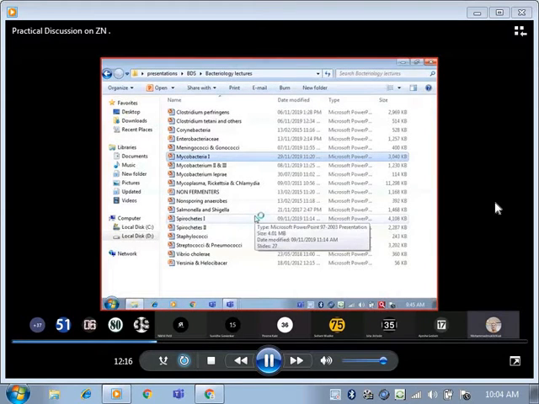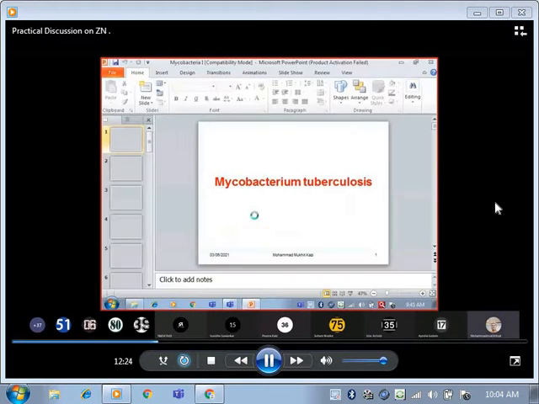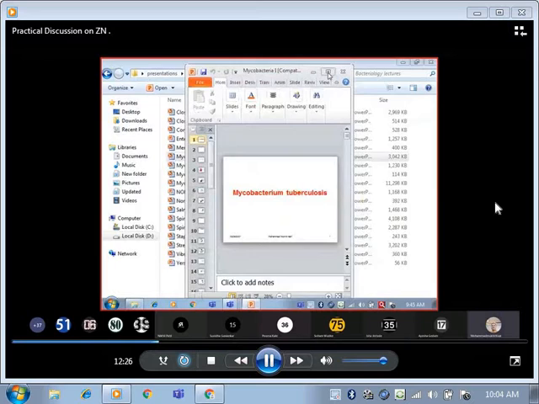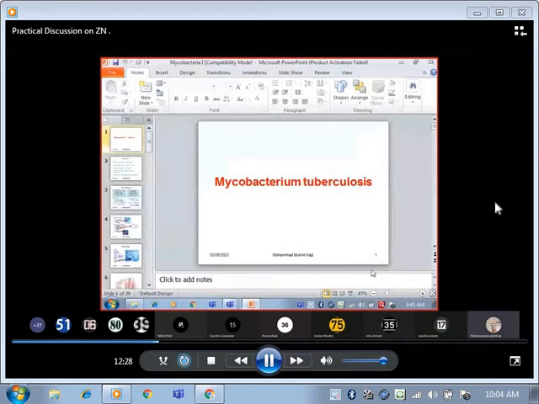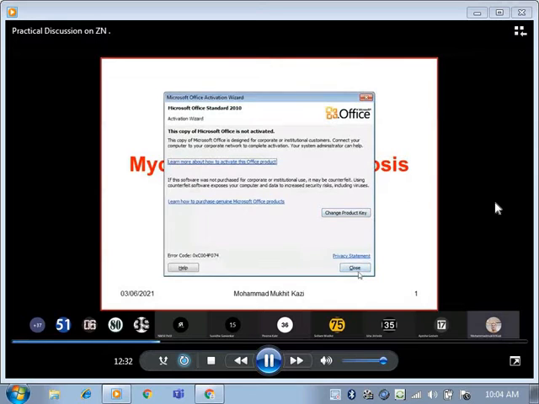So all of you are aware that Ziehl-Neelsen stain is one of the important staining techniques, from the exam point of view as well as the practical point of view, both theory and practical.